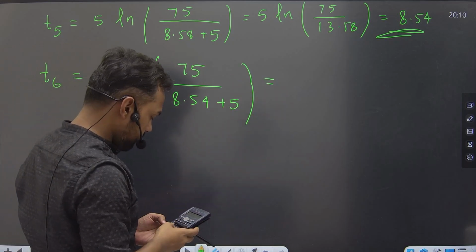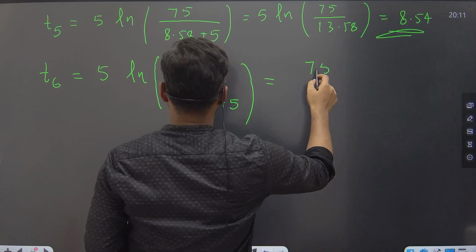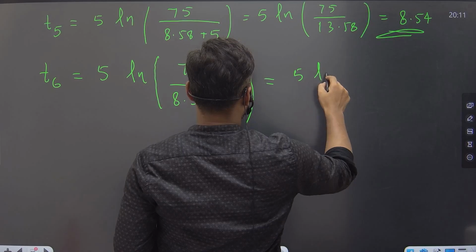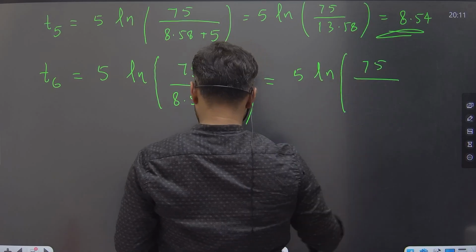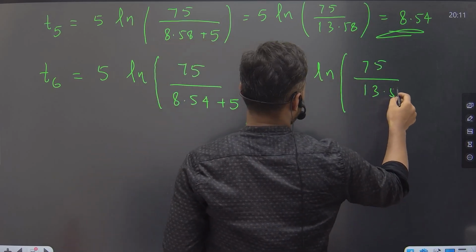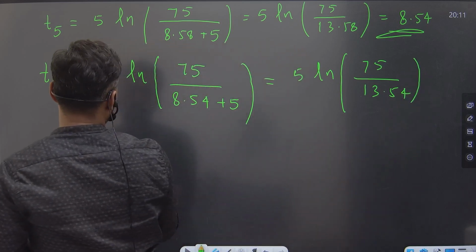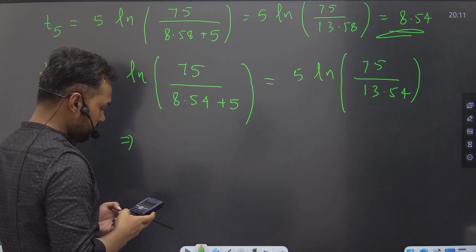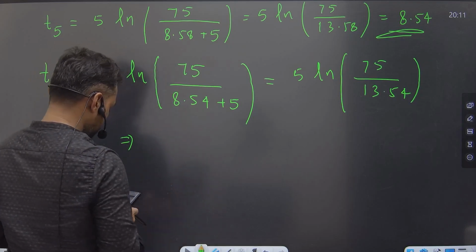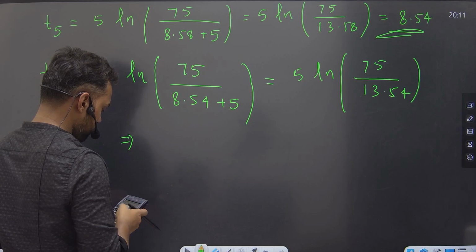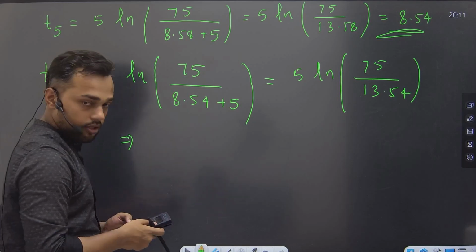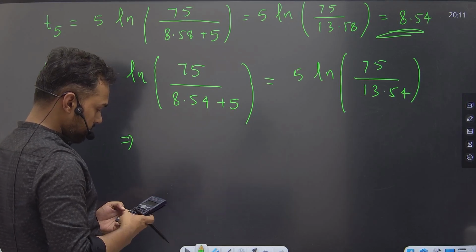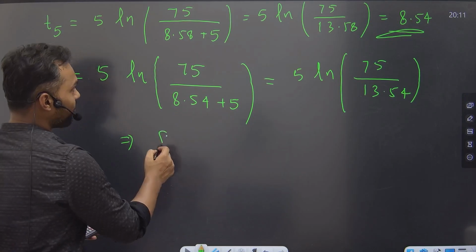Again we need to perform this, so we'll get 5 ln(75/13.54), that will be equal to ln of 5.53, times 5, will be 8.55.